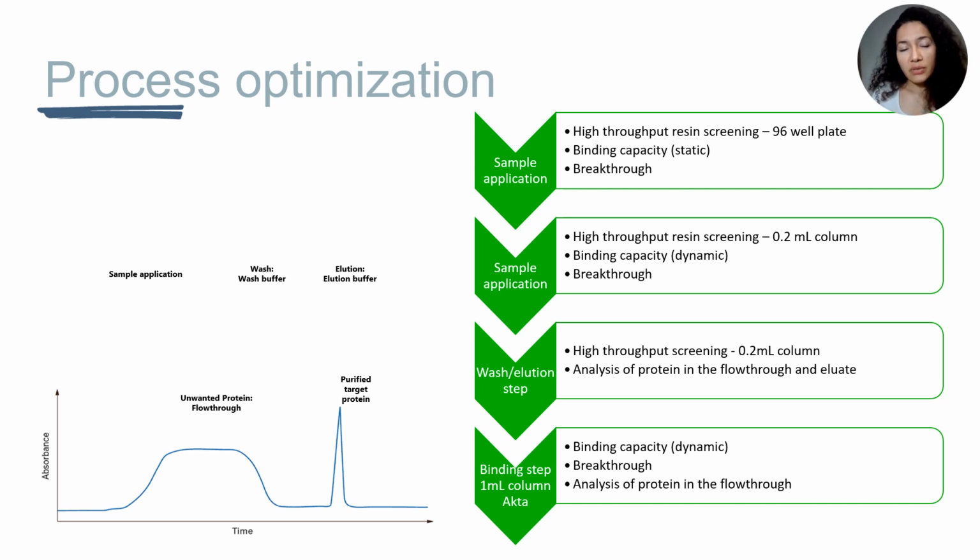The screening of the best conditions for the wash elution step was also done on a 0.2 ml column. Finally, once the best binding conditions had been identified using the high throughput screening, we assessed the dynamic binding capacity of the resins using 1 ml columns in the ACTA.